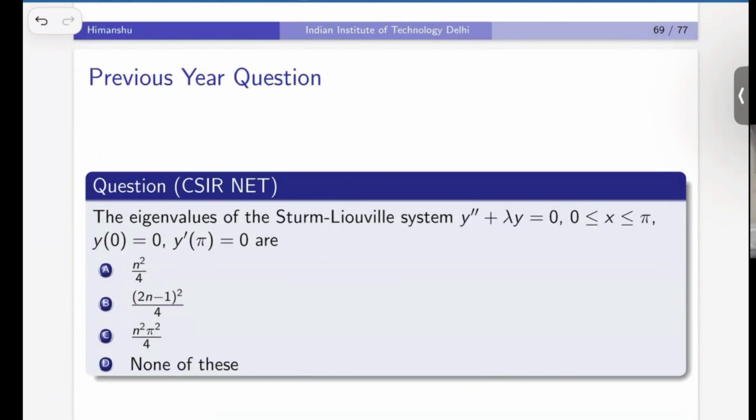So the eigenvalues of the Sturm-Liouville system y double dash plus lambda y equals 0, with y(0) equals 0 and y dash pi equals 0. So here we are talking about the eigenvalues.